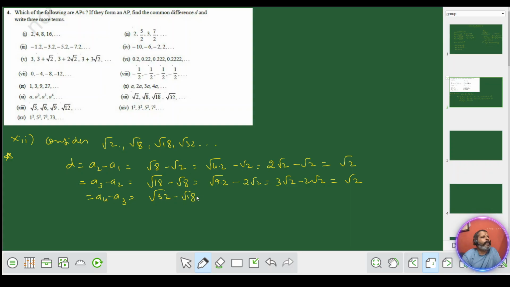Similarly, a4 minus a3, this is an important sum, mark it as important. Root 32 minus root 18. 32 is 16 twos. Root 18 we just saw, it is 3 root 2. Root 16 is a perfect square number, root 16 is 4.